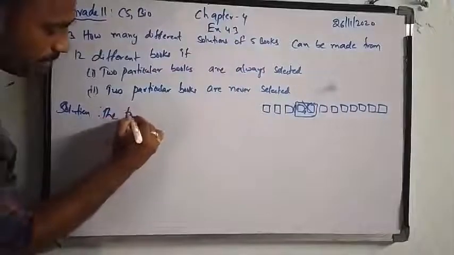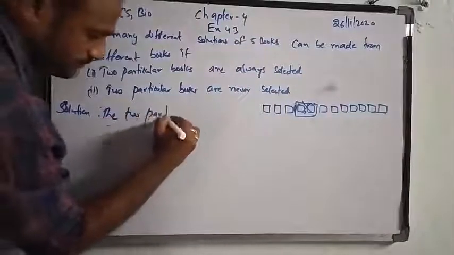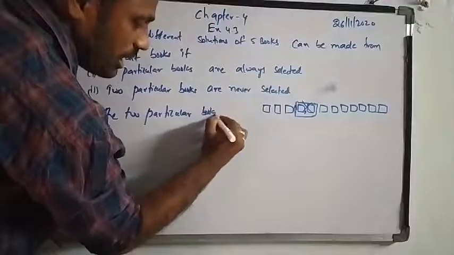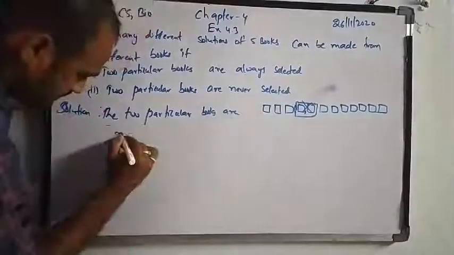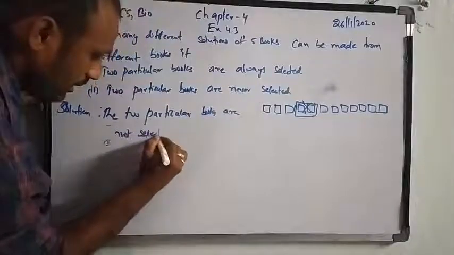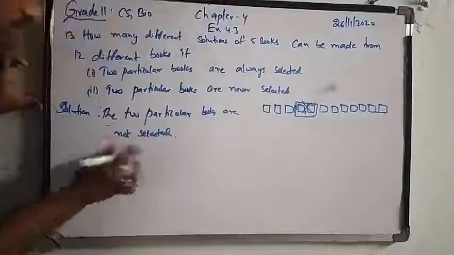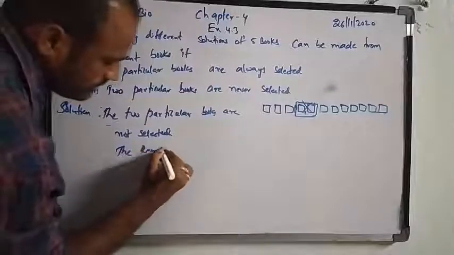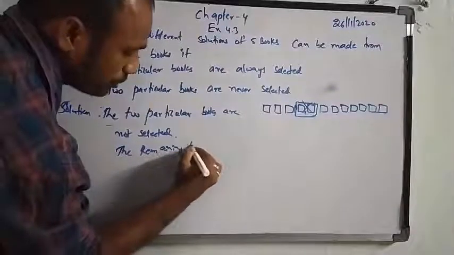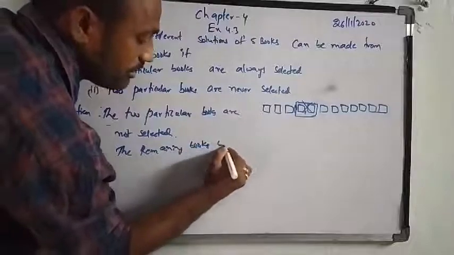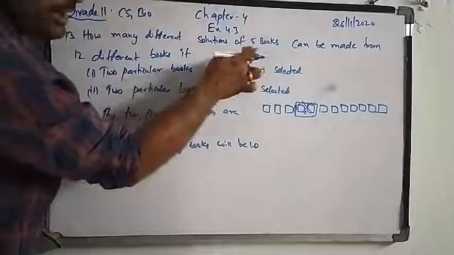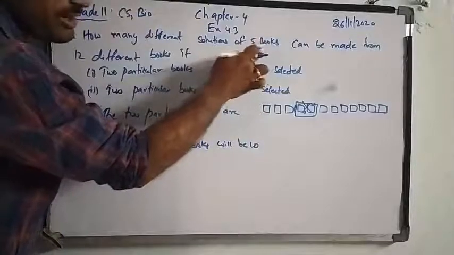If 2 particular books are not selected, the remaining books will be 10.